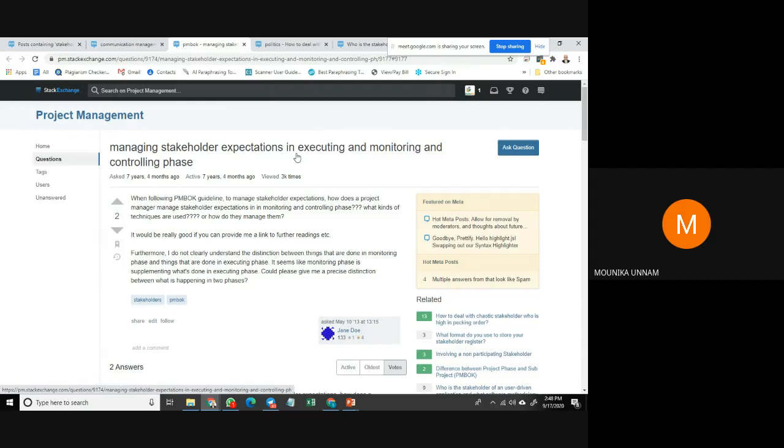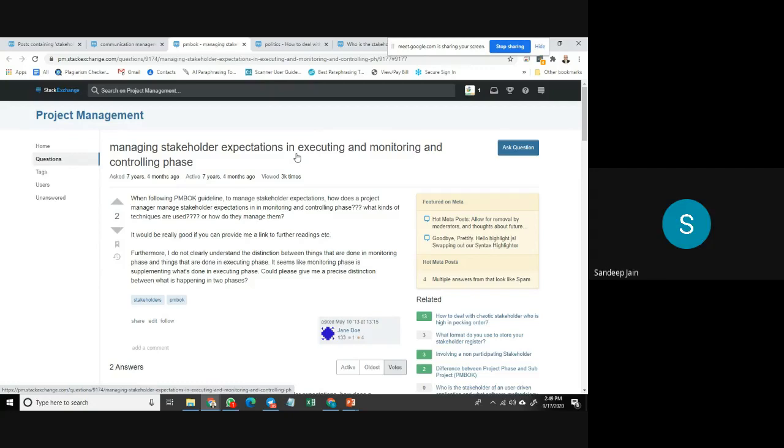What kind of techniques are used, or how do they manage them? It would be really good if you can provide me a link to further readings. Further, I do not clearly understand the distinction between things that are done in the monitoring phase and things that are done in the executing phase. It seems like the monitoring phase is supplementing what's done in the executing phase. Could you please give me a precise distinction between what is happening in the two phases?